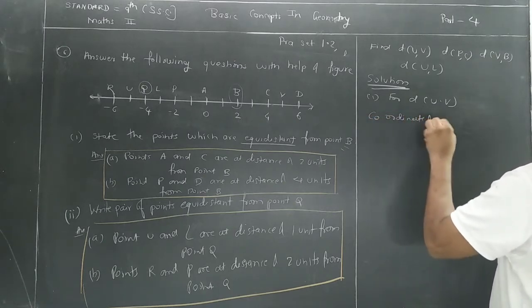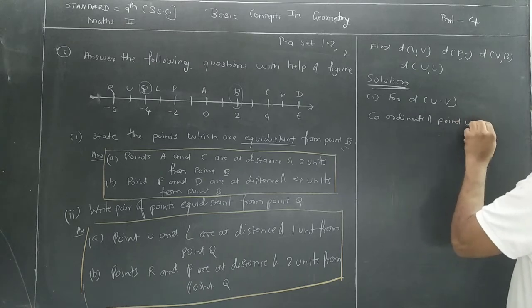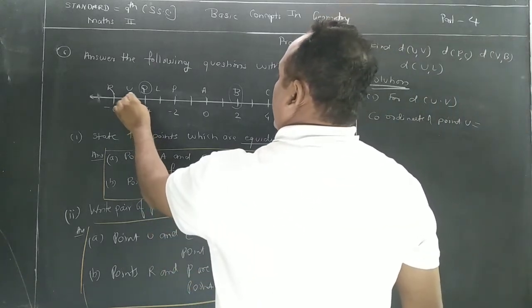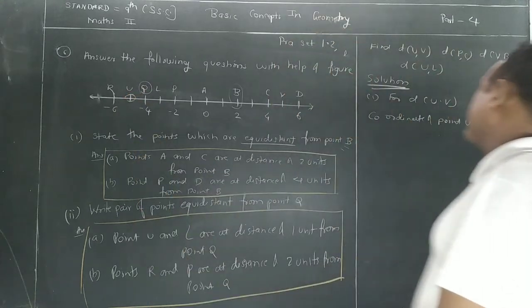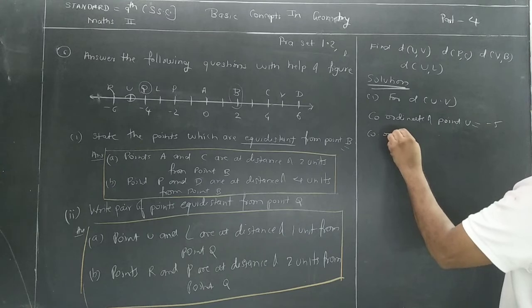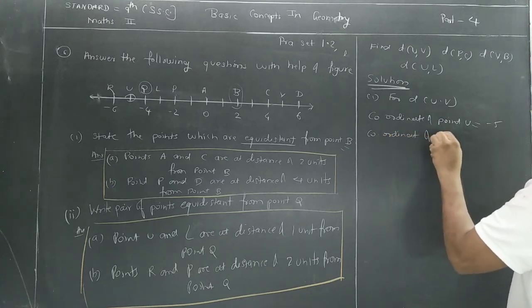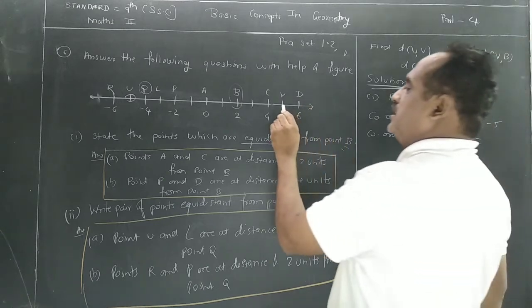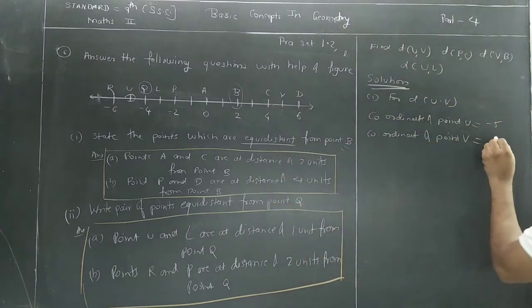Coordinate of point U. Coordinate of point U is this one, right? What is the coordinate of point U? -5. And the coordinate of point V is over here, that is +5.